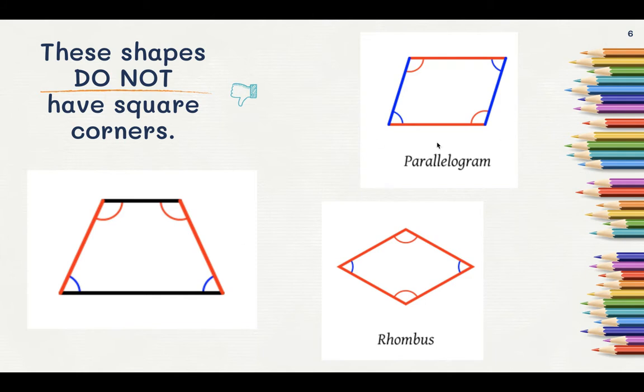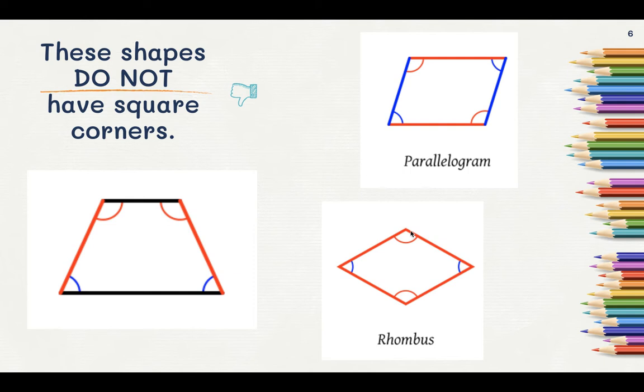If you look over here at the parallelogram, same thing. Even though the top and bottom are perfectly horizontal, actually the top and bottom lines are parallel, the blue sides are crooked, because they are not exactly straight up and down. That means the corners cannot be square.